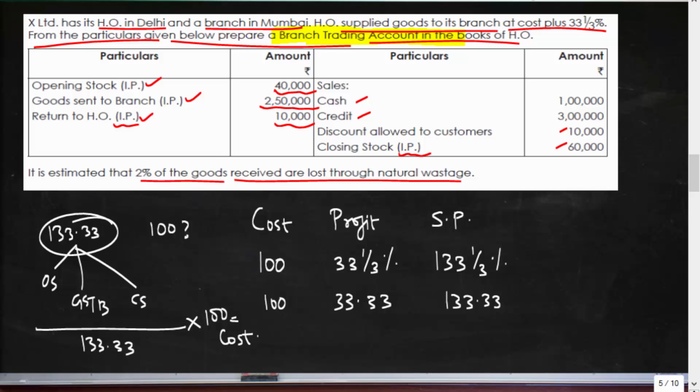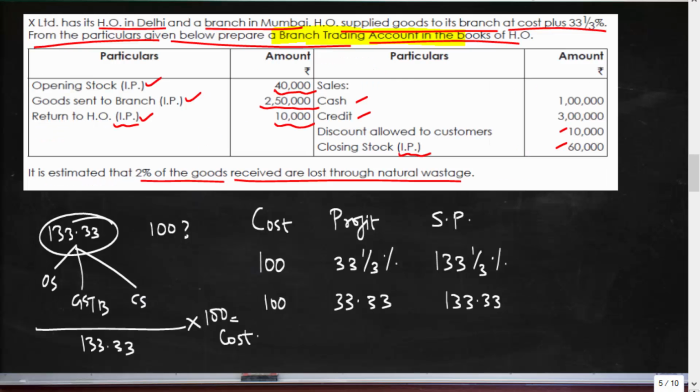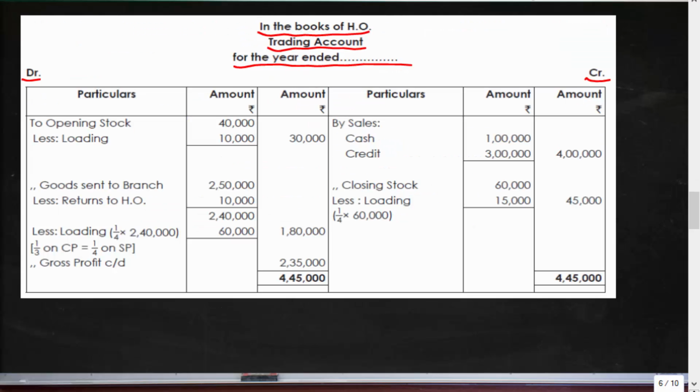We'll prepare the branch trading account. We'll write in the books of head office, trading account for the year ended, debit and credit. The first item we are going to capture is opening stock. At invoice price it is 40,000. We write it in the inner column, 40,000.